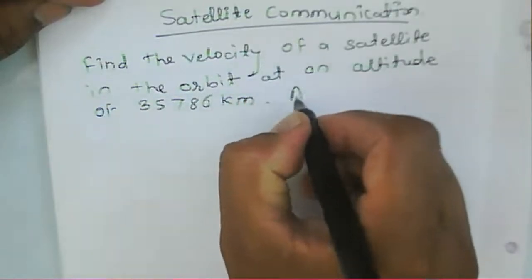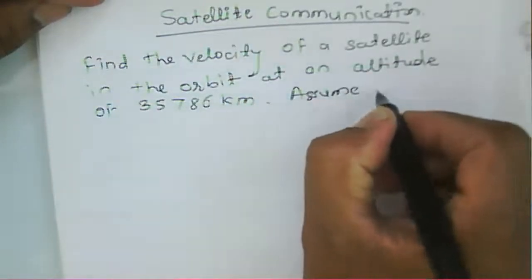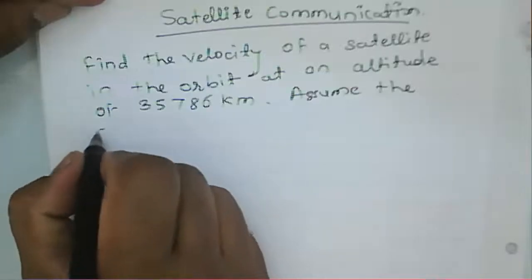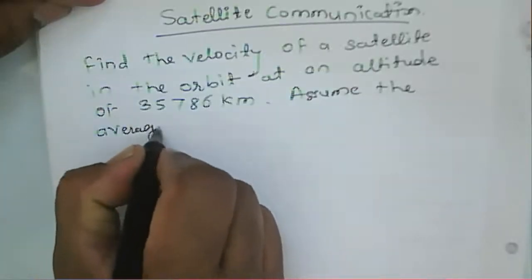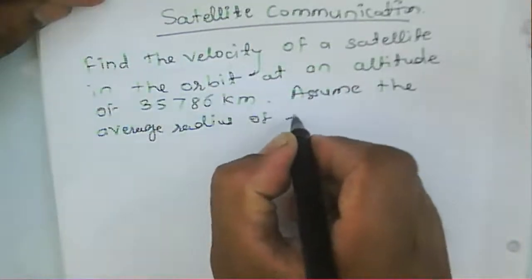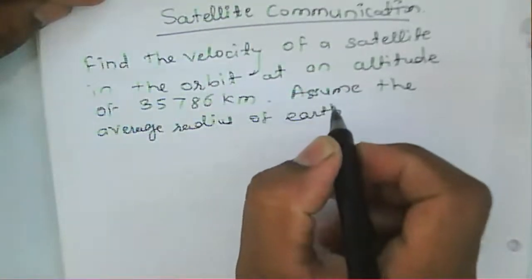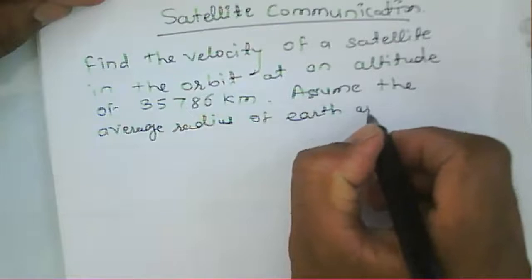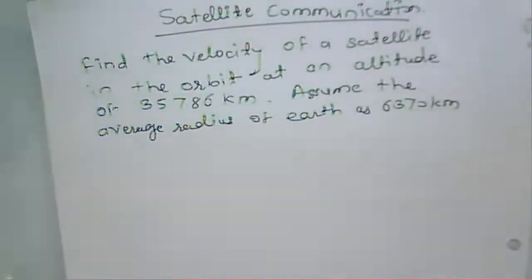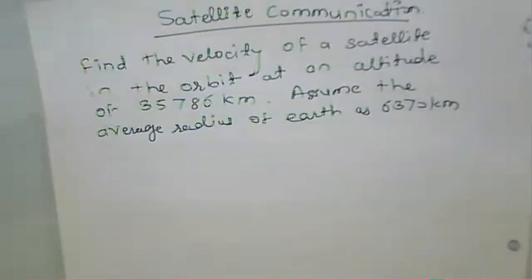Assume the average radius of Earth as 6370 kilometer.